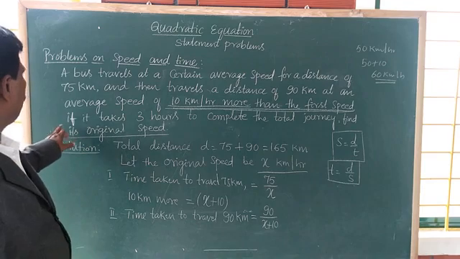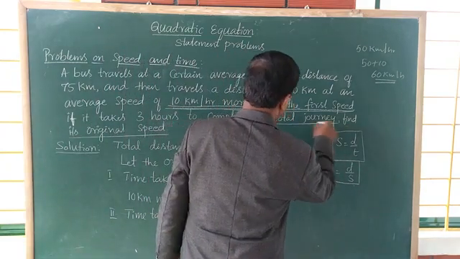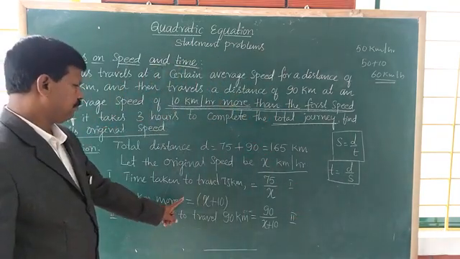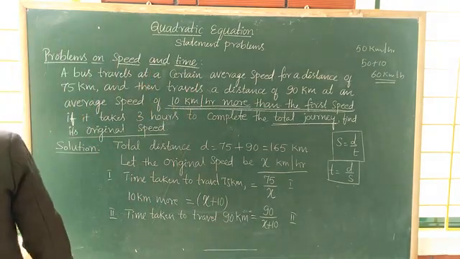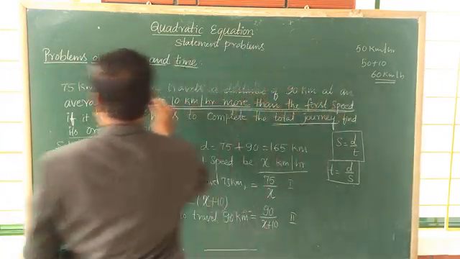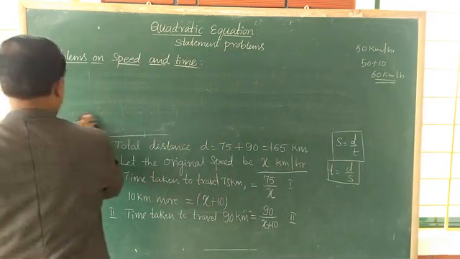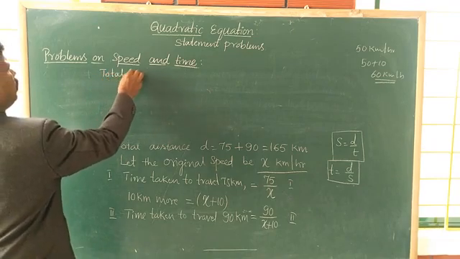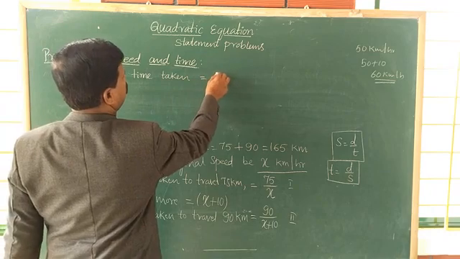Now look at this. If it takes 3 hours to complete the total journey, total journey means this and this. This is the first time taken, and here is the second time. So the total time taken is equal to 3 hours.